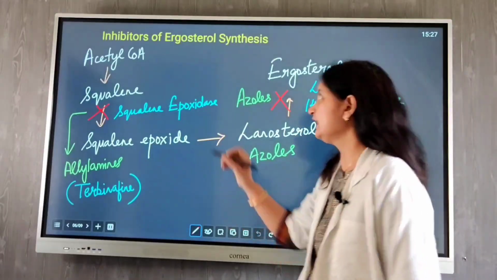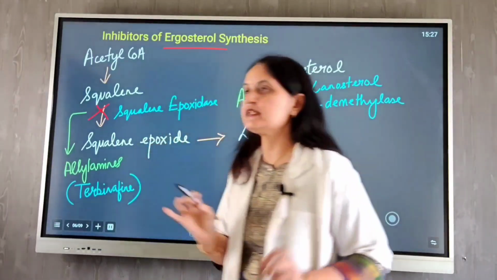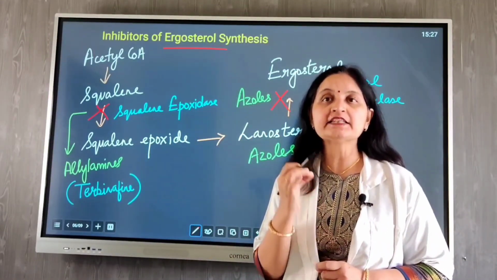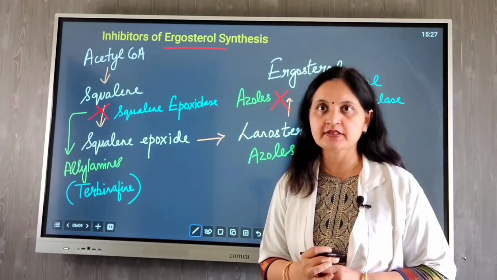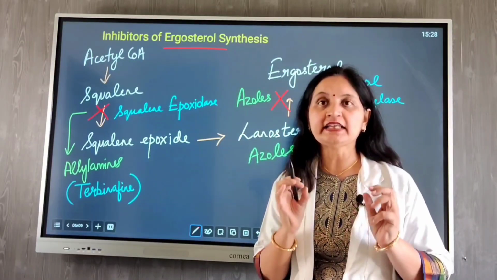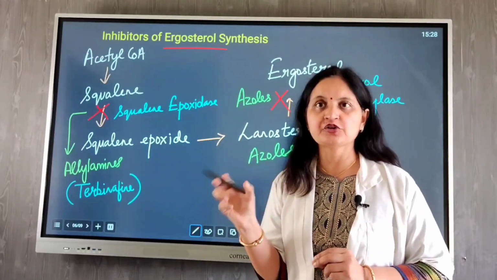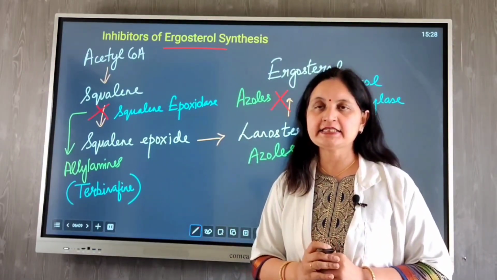The next class is inhibitors of ergosterol synthesis. Ergosterol is synthesized in the endoplasmic reticulum and is mediated by certain enzymes. There are antifungal drugs that inhibit various enzymes responsible for the formation of ergosterol, thereby inhibiting its synthesis.